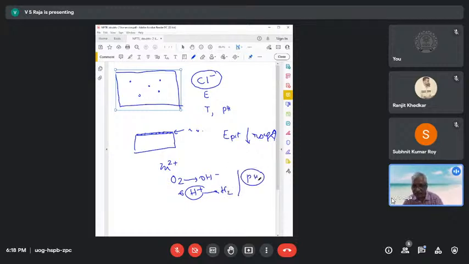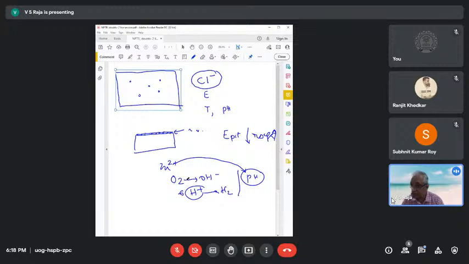So in cathodic inhibitors, what they do is, when the pH is larger, they get precipitated at the surface. So they become cathodic inhibitors. So depending upon the molecular structure and the mechanism, an inhibitor can be anodic, cathodic, or mixed also. Both are possible.